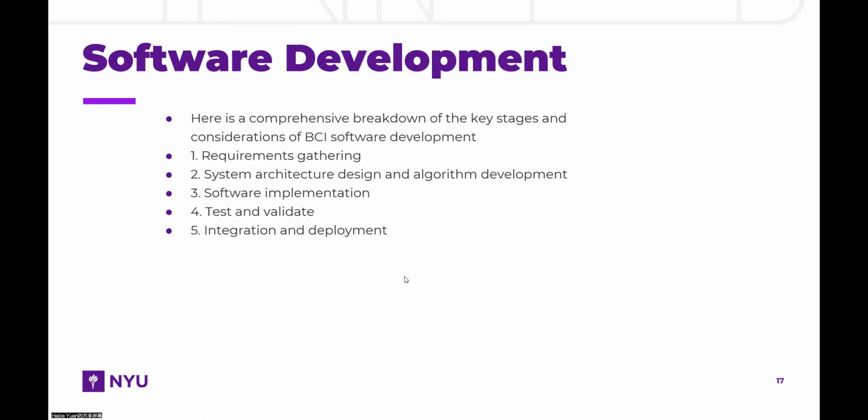First, the user needs to know the requirements of the device function, and then they need to know the types of brain signal that can be interpreted, which should be included to design the function of the device.